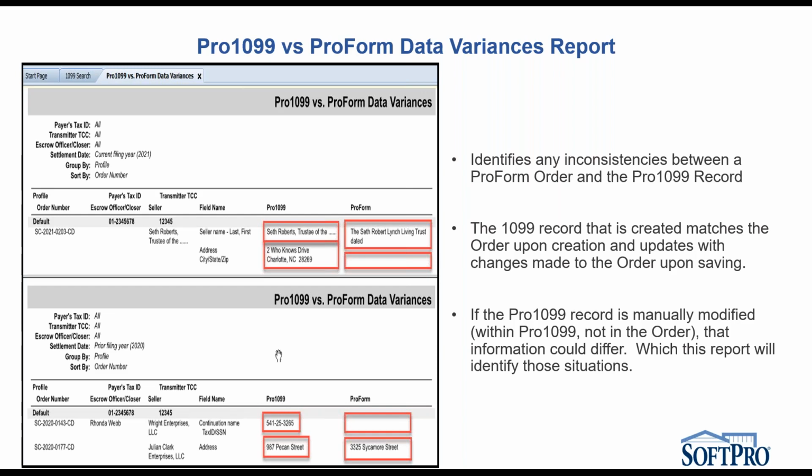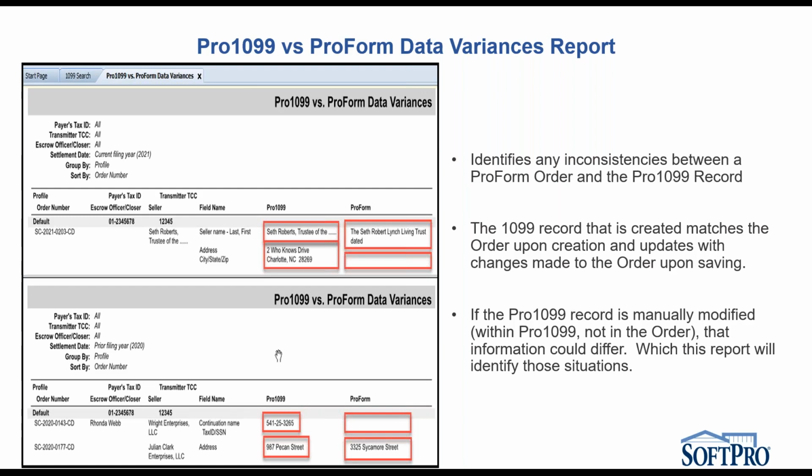This happens a lot with trusts, especially in the Western states, in the California area, where different states have trustees show different ways on the HUDs and CDs. So it's kind of a fun project at the end to say, okay, how do I fix it in my order to make it work for 1099s?